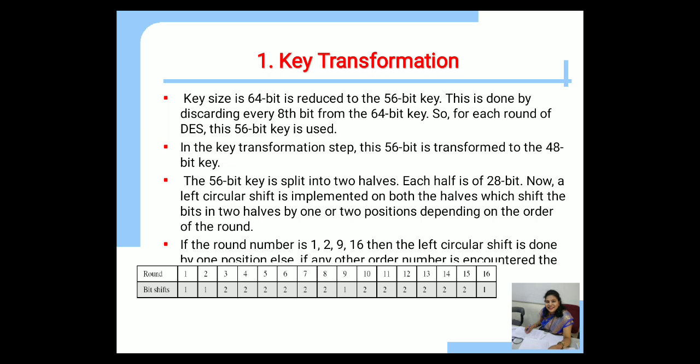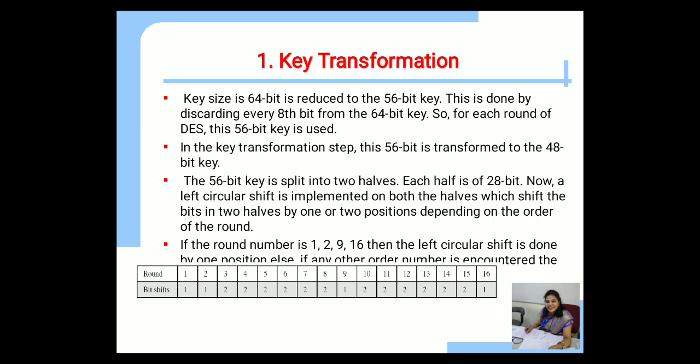Then a left circular shift is applied on both halves, which shifts the bits by 1 or 2 positions depending on the round number. So in the diagram you can see that for round number 1, 2, 9 and 16, the left circular shift is done by 1 position.